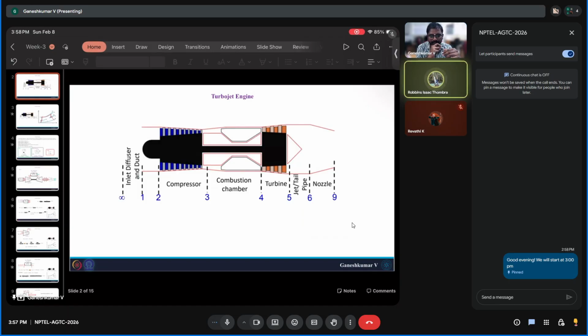So there are some things you need to take care of when you go from turbojet to turbofan, and there should be some logical reason to move from a turbojet to a turbofan. All those things we will study in detail in the coming weeks. You will understand that more. If you don't understand it now, don't worry about it.